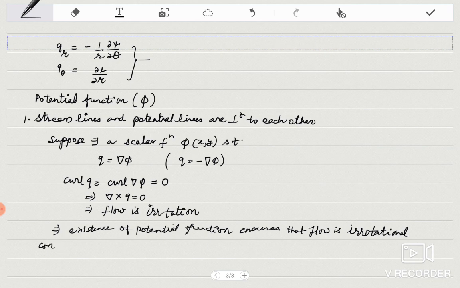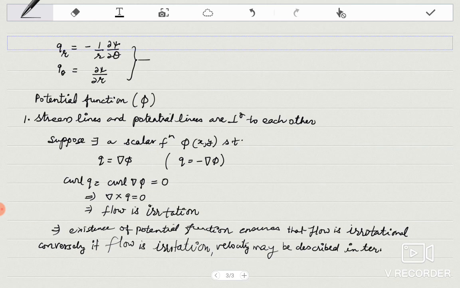Conversely, if the flow is irrotational, velocity may be described in terms of the gradient of a scalar function called the velocity potential function.